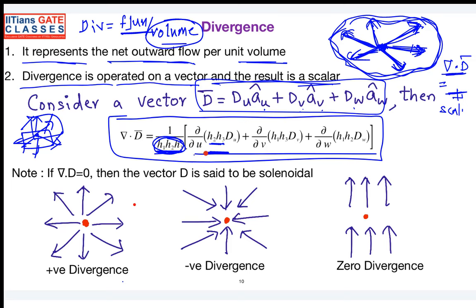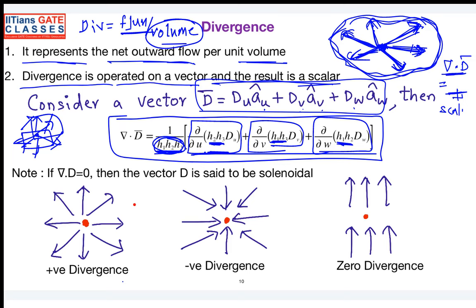So the flux leaving the YZ, XZ and XY planes altogether forms the total flux leaving the entire volume. So this part represents the total flux and this part represents the volume. So the divergence is basically defined as the total flux generated from the surface divided by the volume.